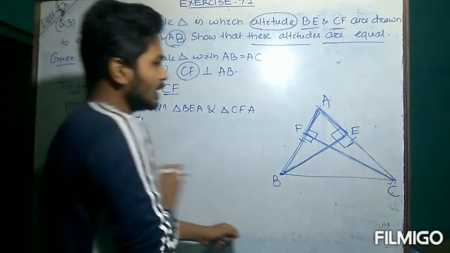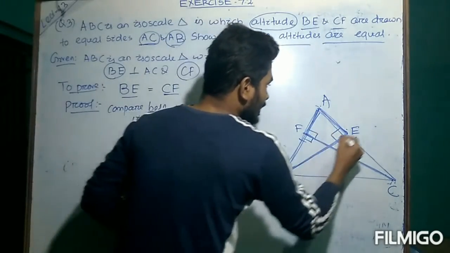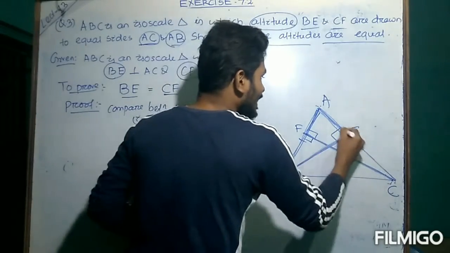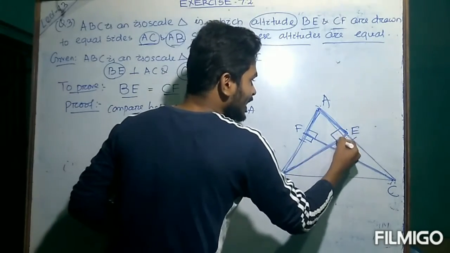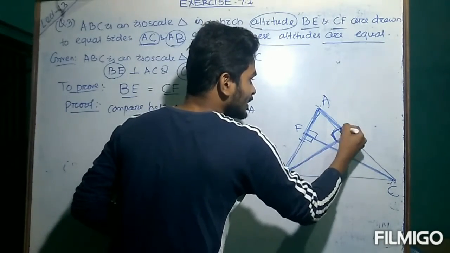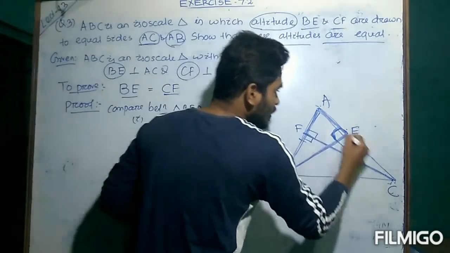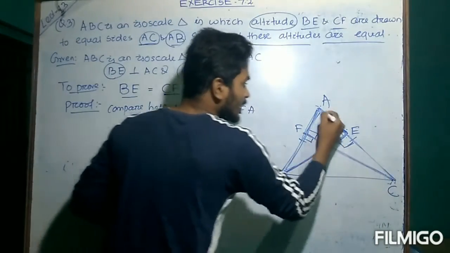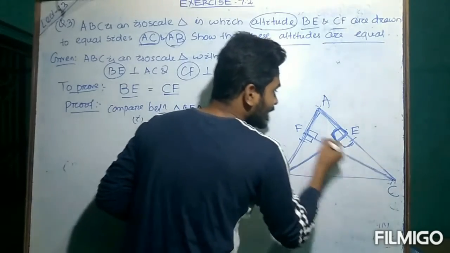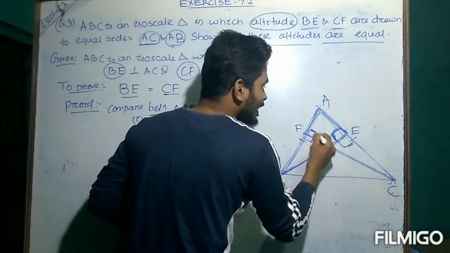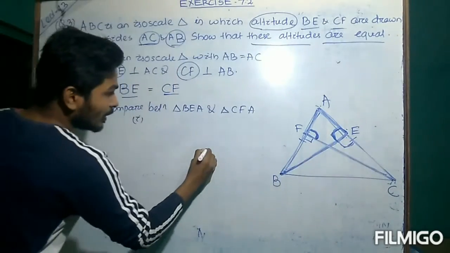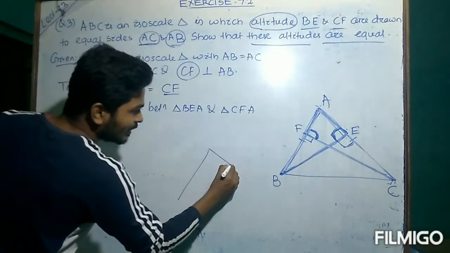So let's compare them. First condition. In this triangle BEA, this angle is 90 degrees. Yes or no? Yes. Similarly, in this triangle, this angle is also 90 degrees. Again, I am drawing it so that it is easy to understand.